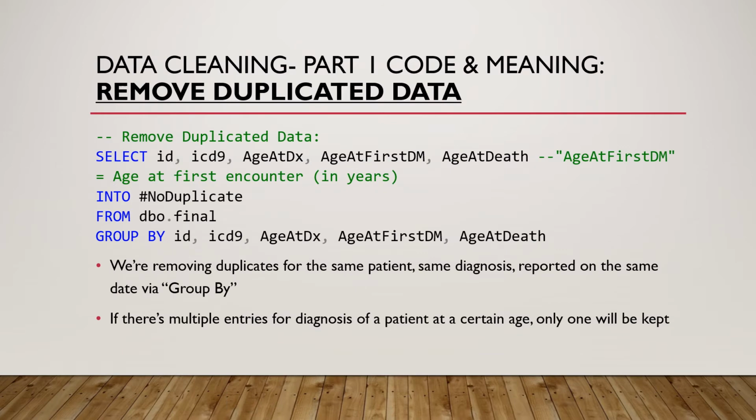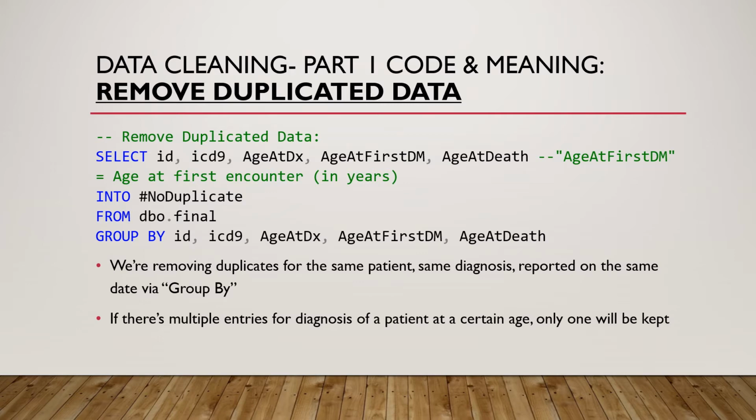So this is the first part of the data cleaning, and it has the code and the meaning behind it. The first step is to remove duplicated data, and I did that with select ID, ICD-9, AGET diagnosis, AGET first DM, AGET death into a temp table called no duplicate from dbo.final, grouped by the same columns that I selected.